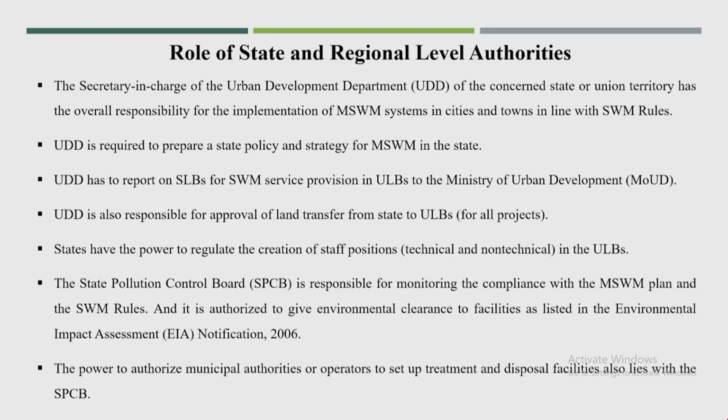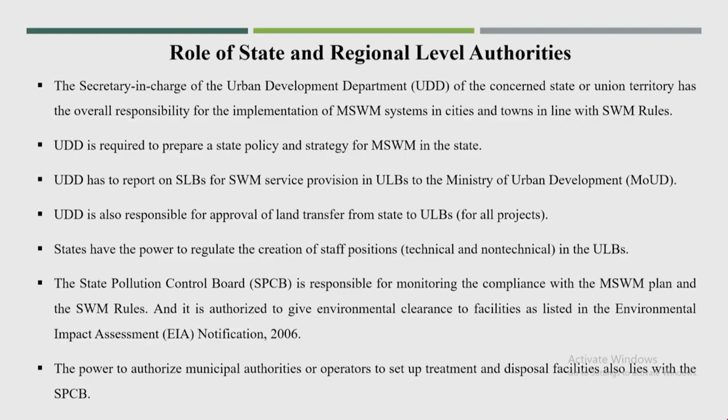States have the power to regulate the creation of staff positions, technical and non-technical. Also, a very important role is played by the State Pollution Control Board, which is responsible for monitoring compliance with the SWM plan and SWM rules. It is authorized to give environmental clearance to facilities listed in the Environmental Impact Assessment Notification 2006.